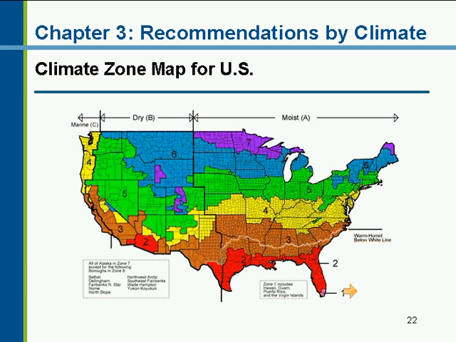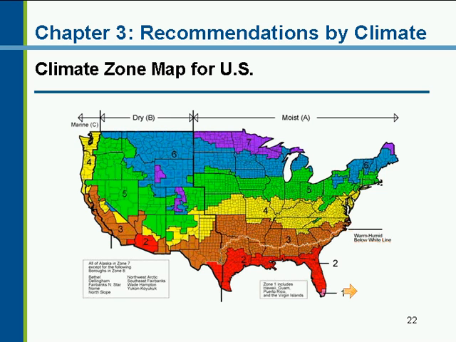Climate zone 5 starts to move up into areas like Boston, New York, some places in the mountainous areas of the west. Climate zone 6 is northern New England and much of the northern plains.